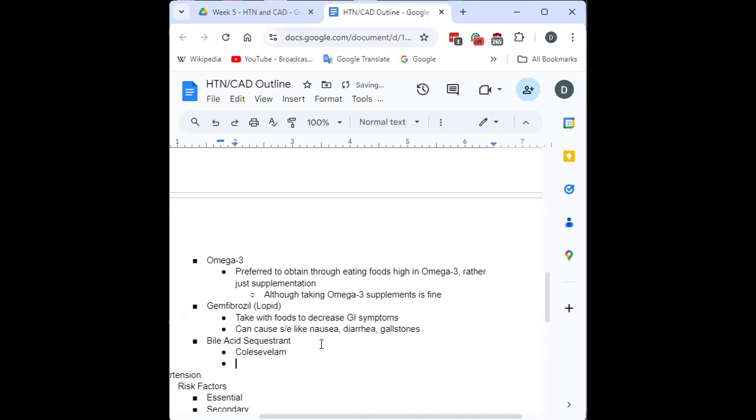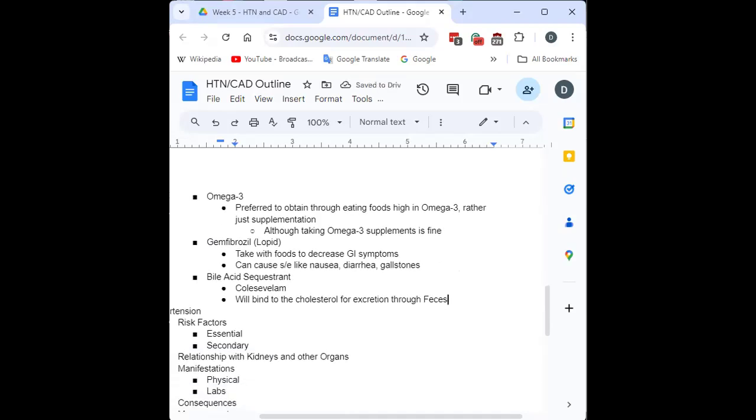The way it works is this medication will essentially bind to some of the cholesterol for excretion through feces. Let me double check that one. Does that sound right to people? You guys really up to date on that?